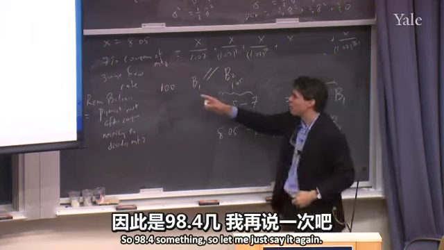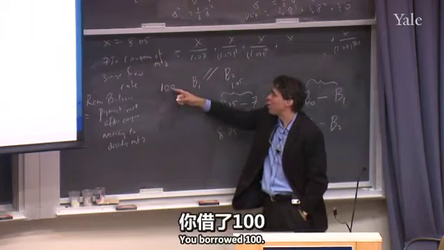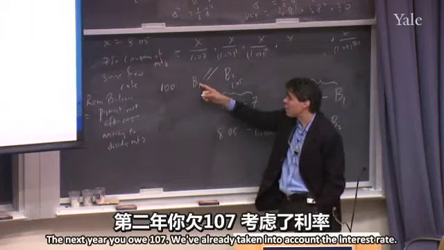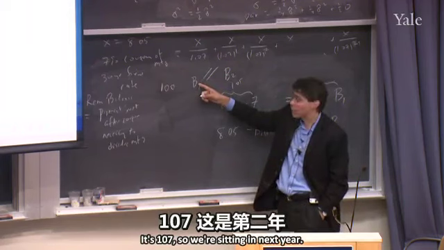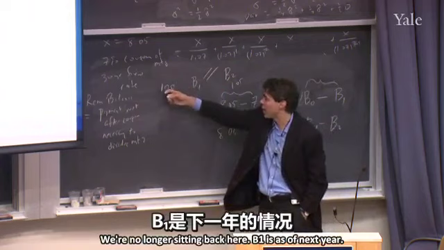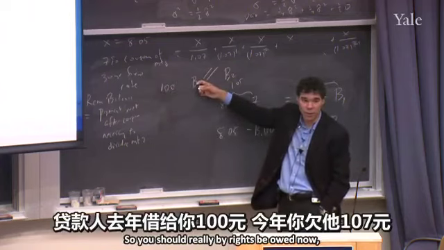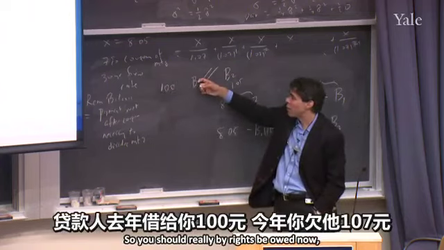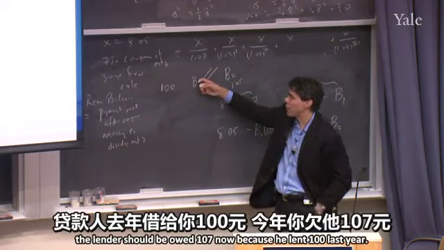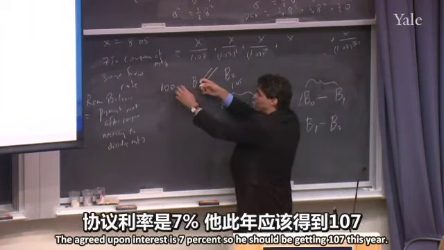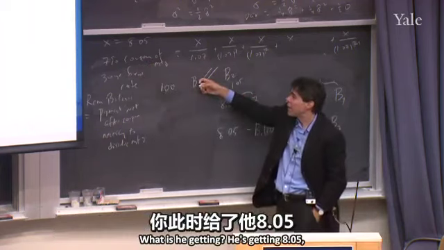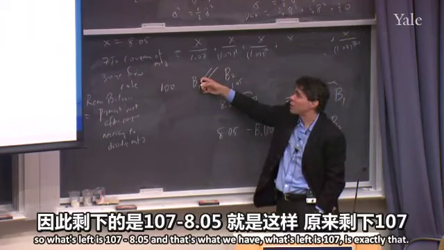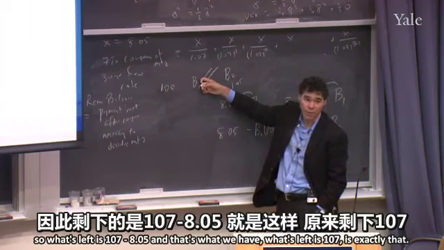Okay, let me just say it again. You borrowed 100. The next year, you owe 107. We've already taken into account the interest rate. So we're sitting in next year, no longer back here. B1 is as of next year. The lender should be owed 107 now, because he lent 100 last year and the agreed upon interest is 7%. What is he getting? He's getting 8.05. So what's left is 107 minus 8.05.